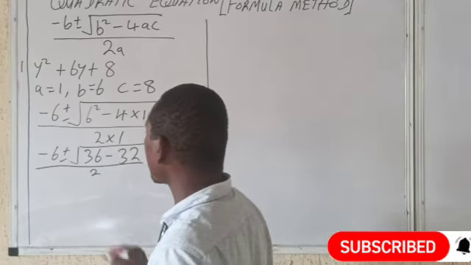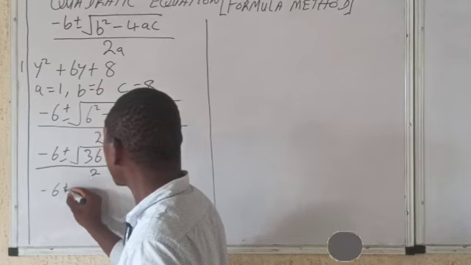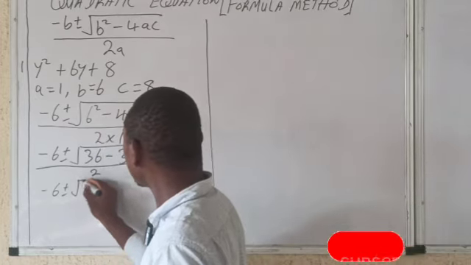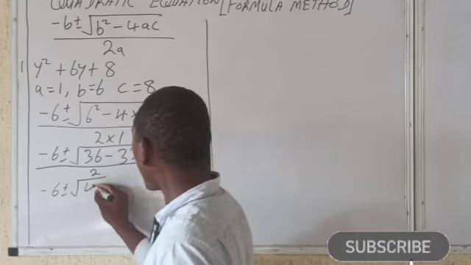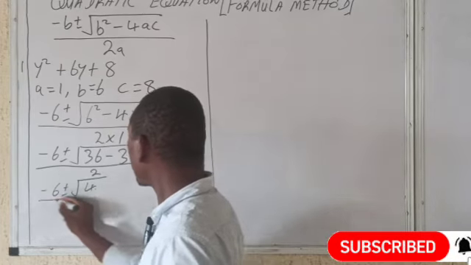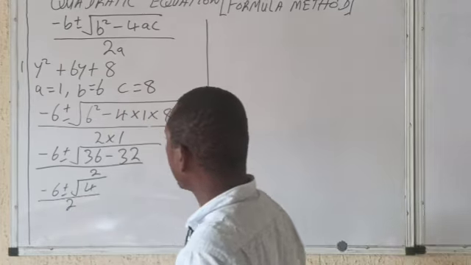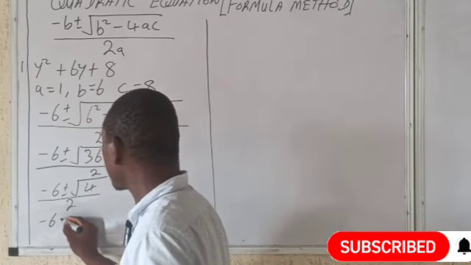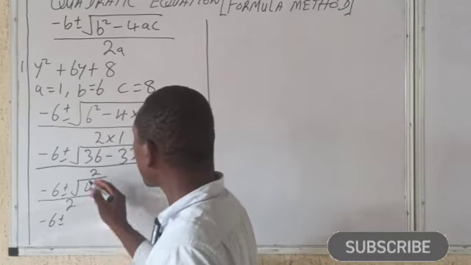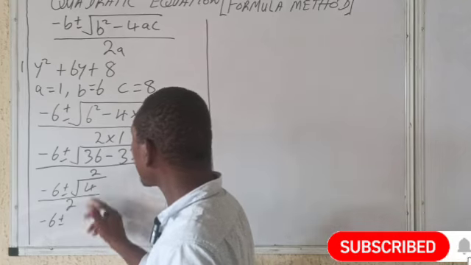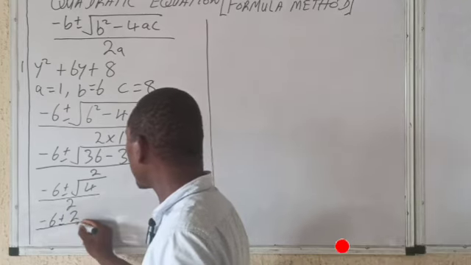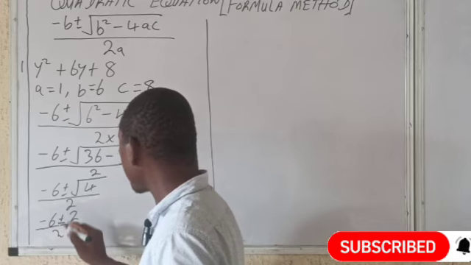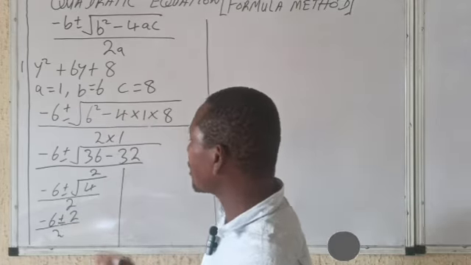If you carry out this subtraction, you have minus 6 plus or minus the square root of 4, all over 2. Now, square root of 4, what will you get? 2, all over 2.